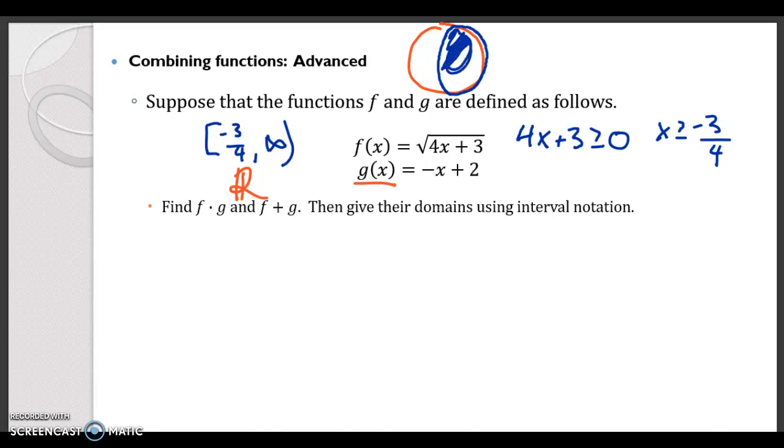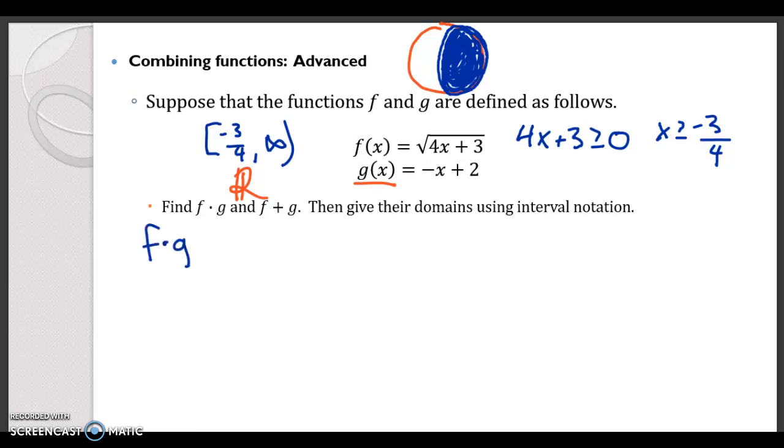The intersection, if I could draw that right, is going to be everything in the blue, right? Because all of these numbers in the blue are inside of the real numbers. So when we're combining the functions, the domain is going to be the domain of f.